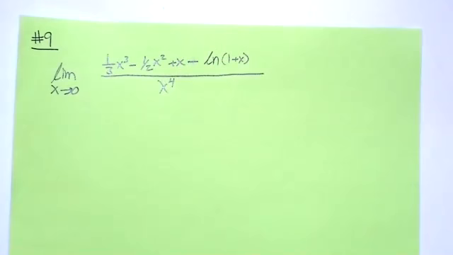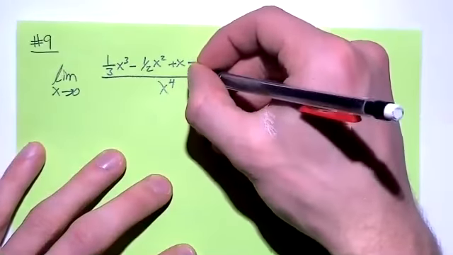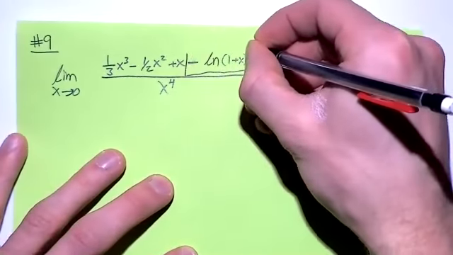Okay, so we want to evaluate this limit. The only thing here that has some sort of a series is going to be this minus natural log of 1 plus x.